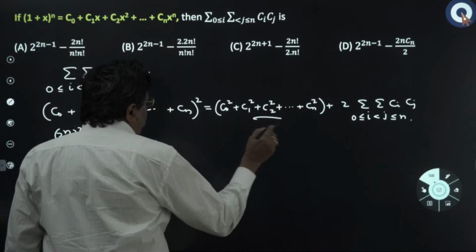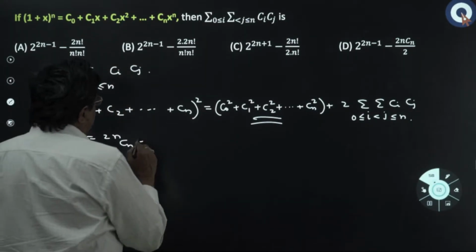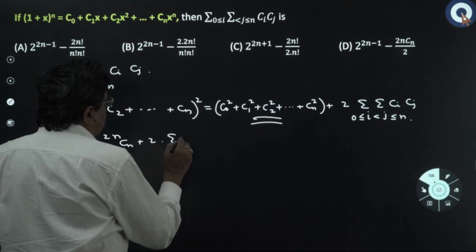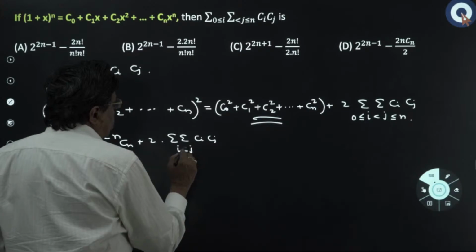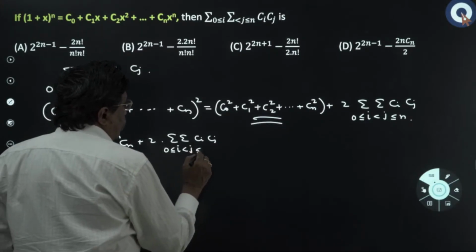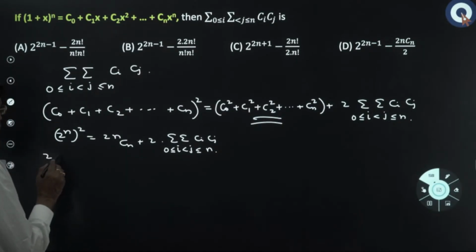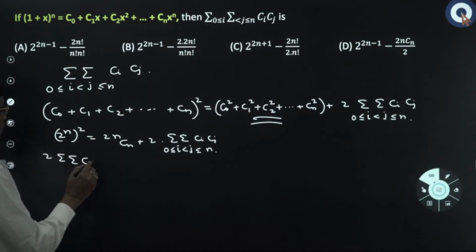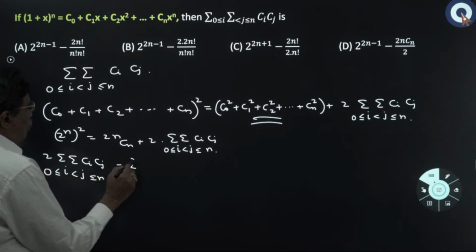This value is 2n cn plus 2 into sigma sigma ci cj, i less than j, is equal to 2 power 2n.